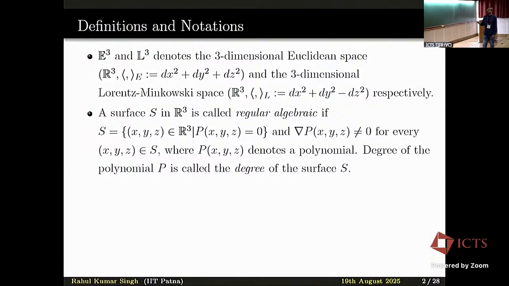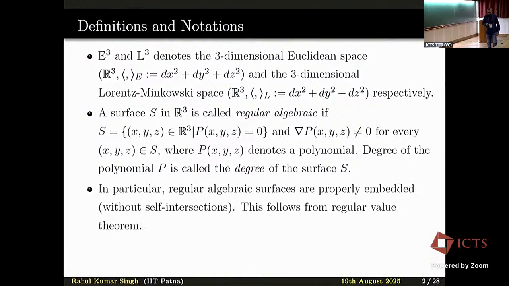So a regular algebraic surface means that the set can be seen as a zero set of some polynomial and the gradient is non-zero everywhere on the surface. Of course, this P is some polynomial in X, Y, Z, and the degree of this polynomial is what we call the degree of the surface.